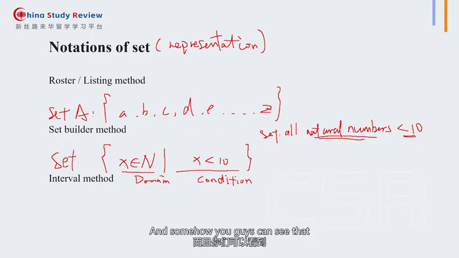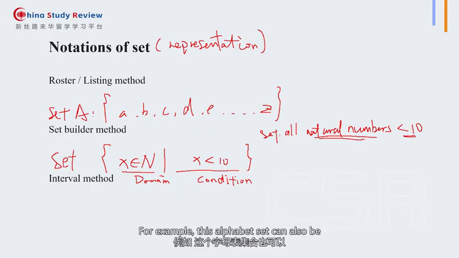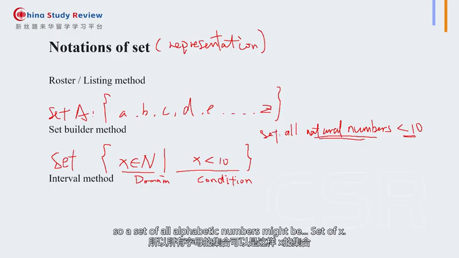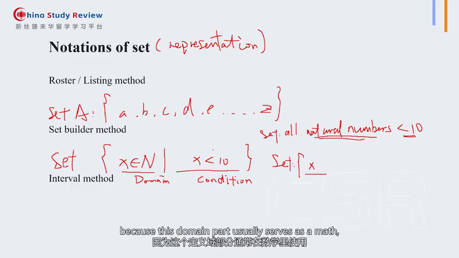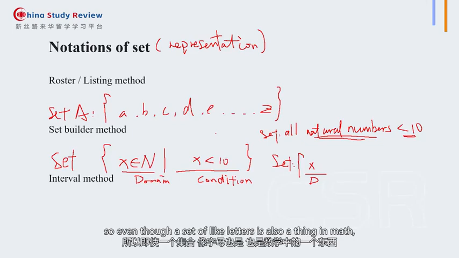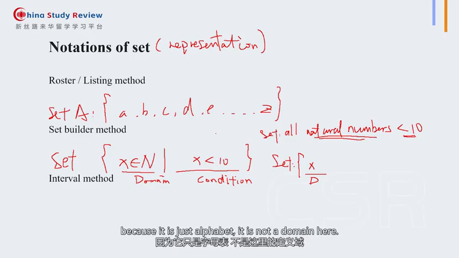You can see that the same set can always be represented in different forms. For example, this alphabet set can also be represented in set builder method. A set of all letters of the alphabet might be written with x, but it doesn't really have a domain, because the domain part usually serves math. Even though a set of letters is also a thing in math, it doesn't follow mathematical rules because it is just the alphabet.